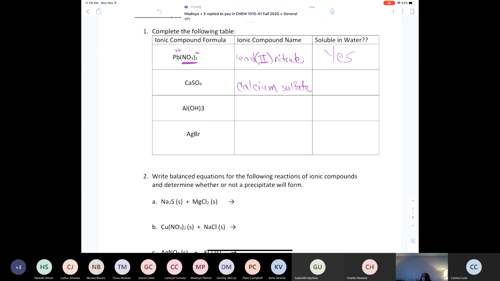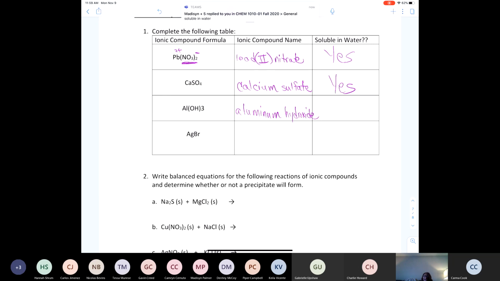So Madison, is calcium sulfate soluble? You're saying that calcium sulfate is soluble in water, or no, it's not soluble in water? Yes, it is soluble in water.